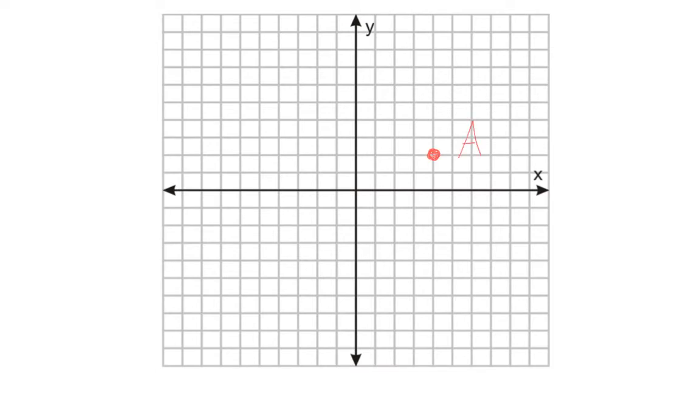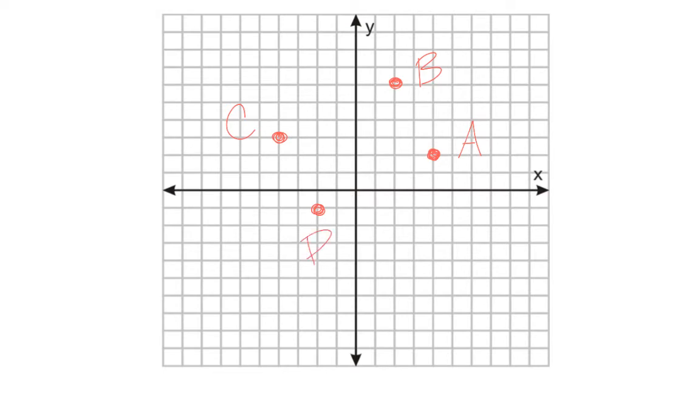Next, I'm going to plot point B, just somewhere over here. Next, I'm going to plot point C, which is somewhere over there. And last but not least, I'm going to plot point D, which is right over here.